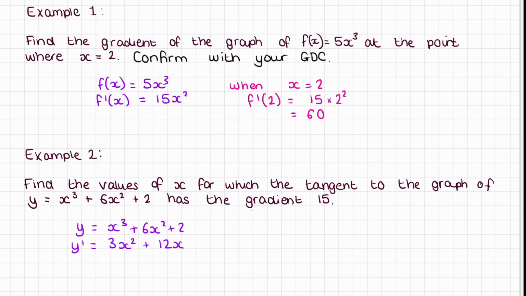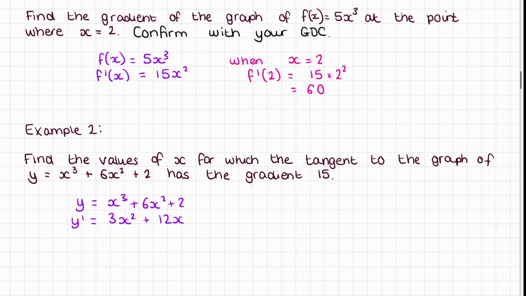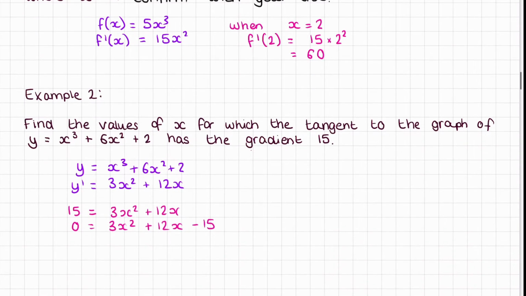Then from here we know the gradient is 15. So we can just sub 15 into this for the gradient, which will give us 15 = 3x^2 + 12x. You should then notice we can rearrange this to a quadratic, and then we can solve this.